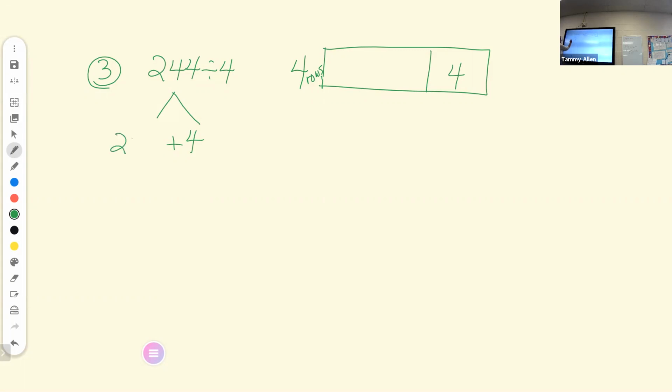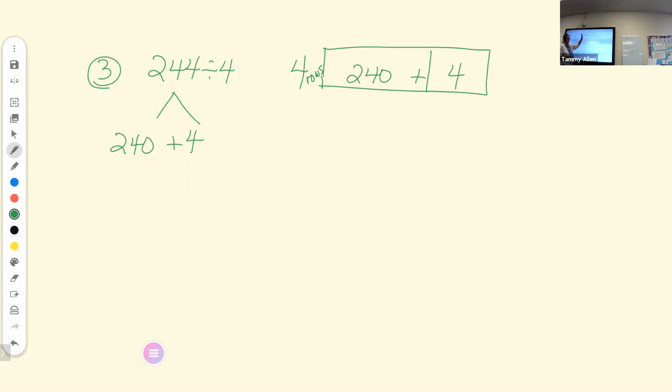240. Is 24 a multiple of 4? If you don't know, look at your multiples page. Look down the 4s. Is 24 in that list? Yes. Okay, then we're good. Do you understand how to use that list?